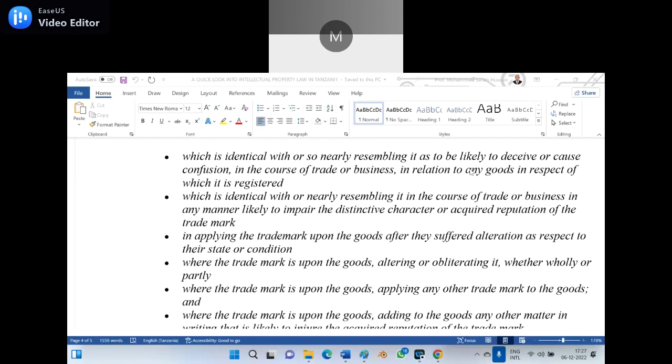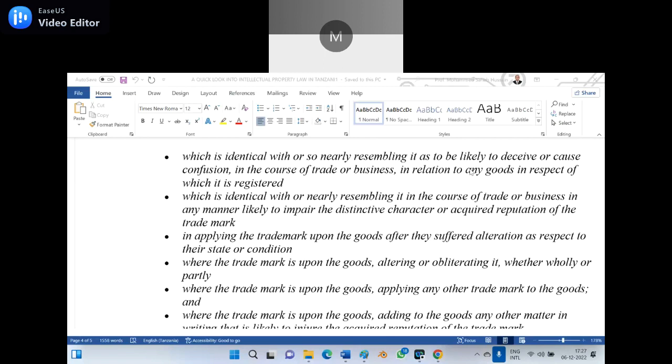So the next bullet is, in applying the trademark upon the goods after they have suffered alterations with respect to their state or condition.